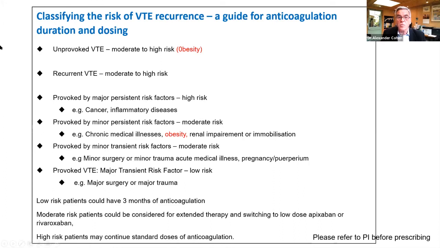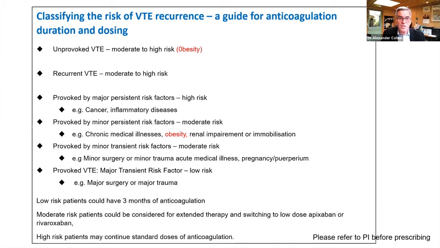We also know that we're thinking about how we classify patients for extended prophylaxis much more differently. And we are thinking about not just provoked and unprovoked, but we're thinking about, is it a major factor, a minor factor? Is it persistent? Is it transient?